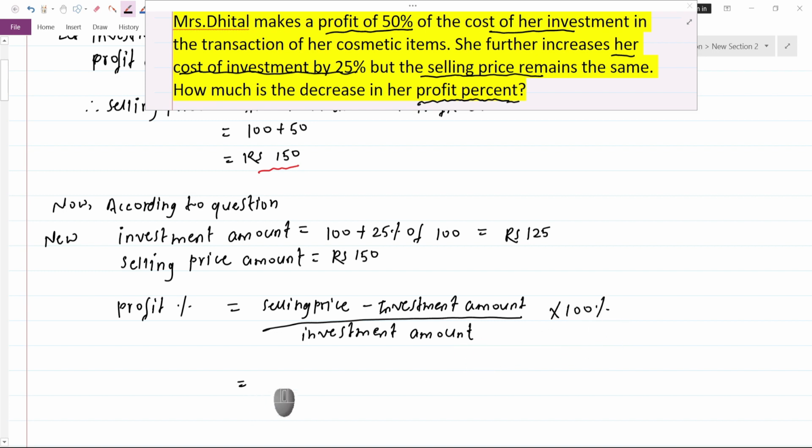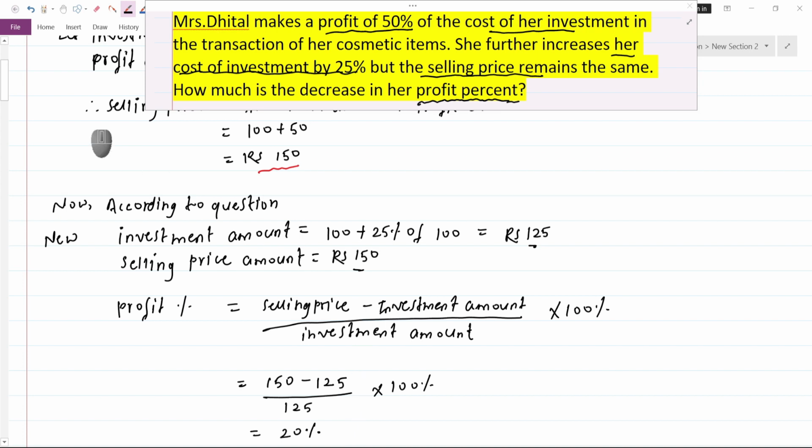The new selling price is the same, 150, and the investment amount is 125. So you will do 150 minus 125 upon 125 into 100%. If you solve it, we will get 25 upon 125, which is 20%.